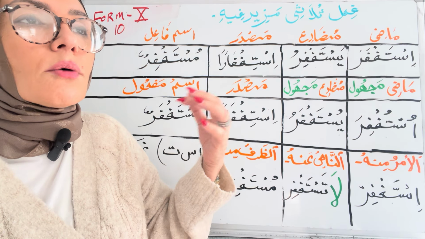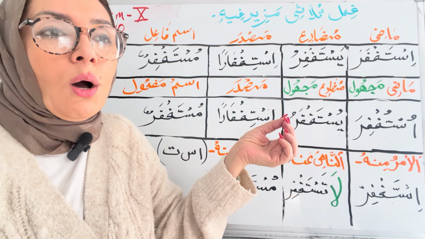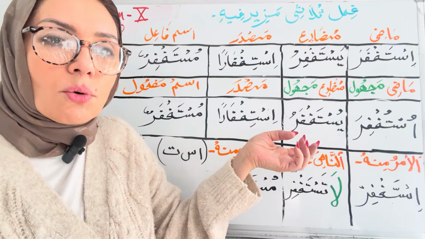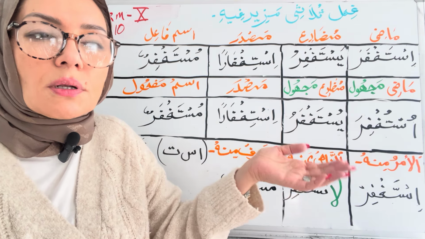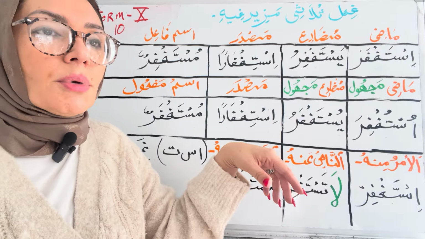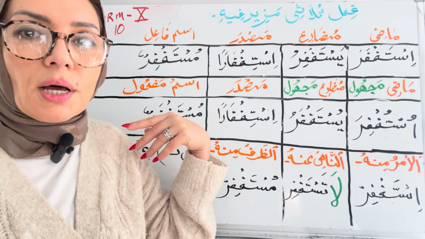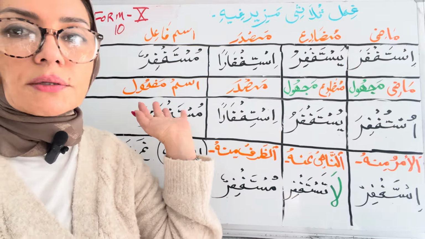What I'm trying to say is that these are verbs that do not start with a wow, or end with a ya, or start with a hamza, or have a hamza in the middle, which makes it a little bit challenging to put them on these patterns and figure them out. Basically, you're just solving the formula. You're plugging the number in here and then applying the whole thing.